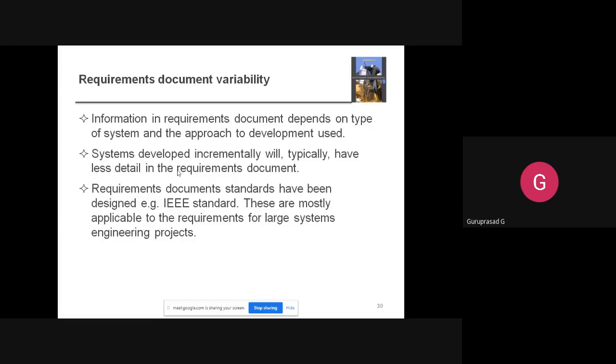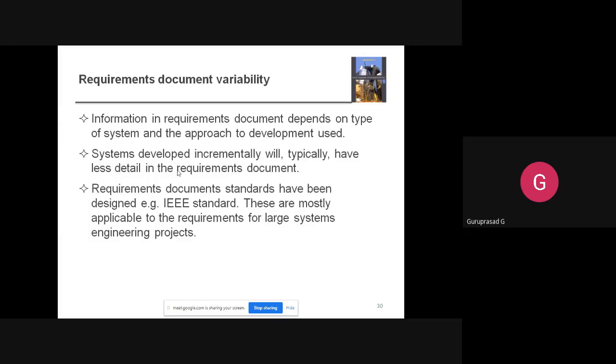Fine. A standard format has been prescribed. They call it the IEEE standard, mostly applicable to requirements for large systems engineering projects. So I'm going to specify the IEEE format for specifying the requirements. Fine, so we'll do it. I will go through that.